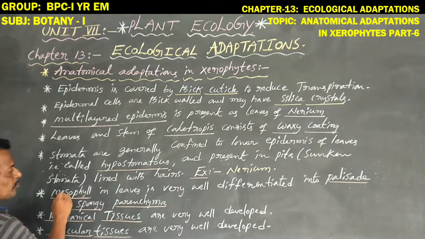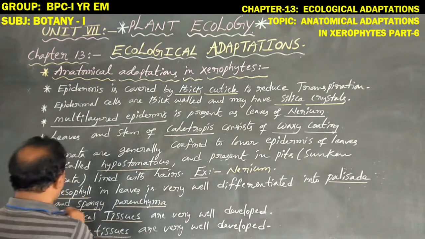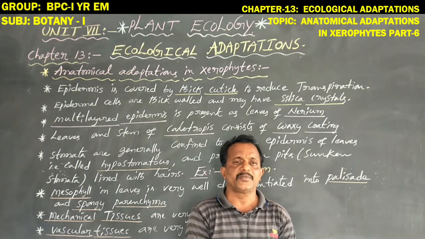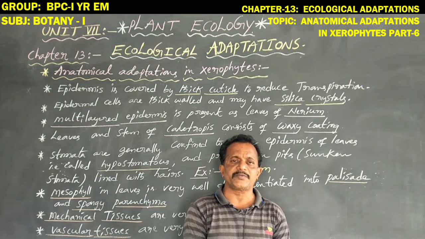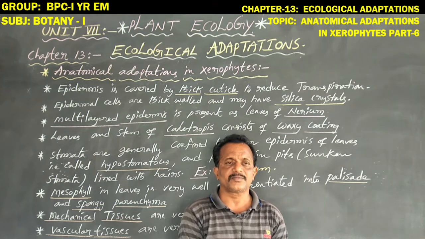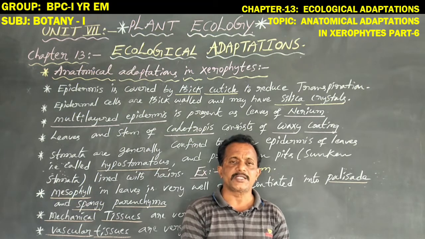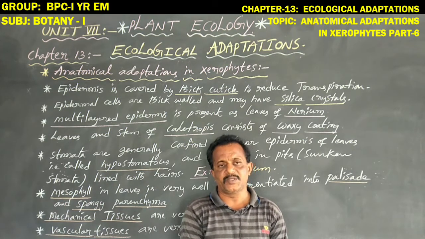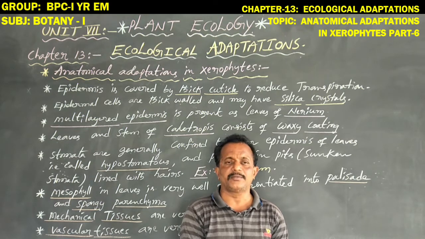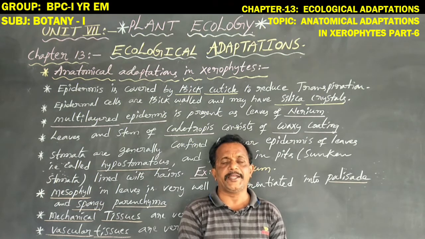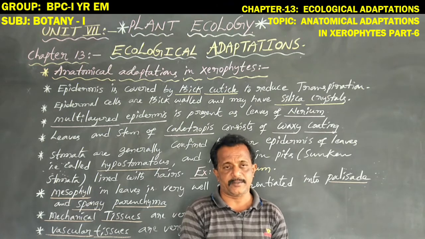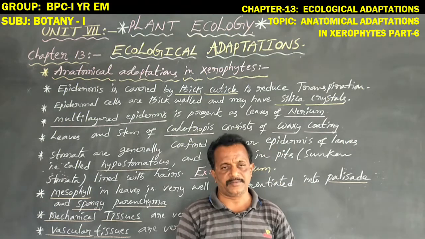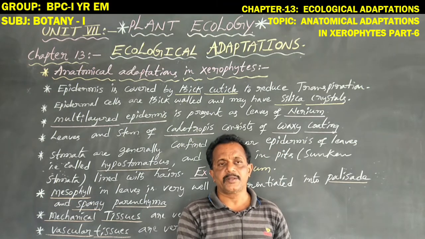Next, coming to the mesophyll, in leaves it is very well differentiated into palisade and spongy parenchyma. Dear students, generally in the roots and stems of any plants, the epidermis is below which are several layers of cortex, then after that the stele. But in the leaves of all plants, the mesophyll cells lie between the epidermis and the stele.